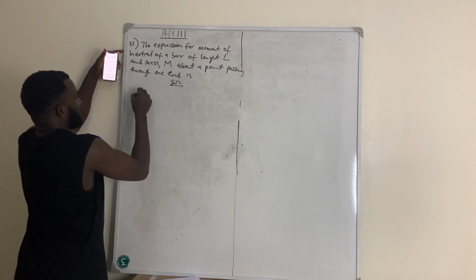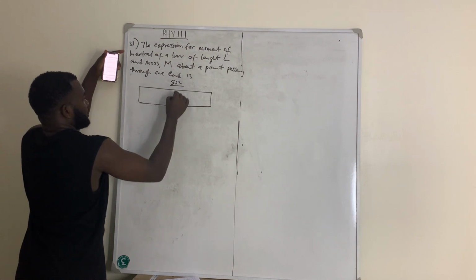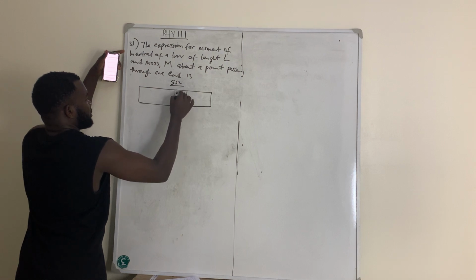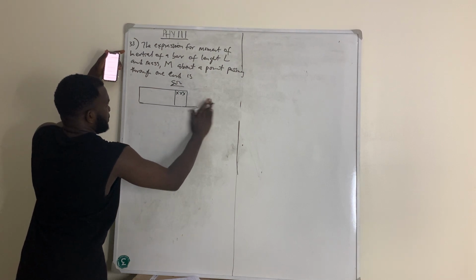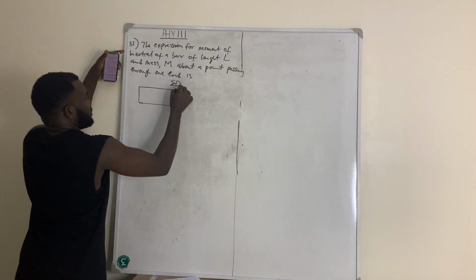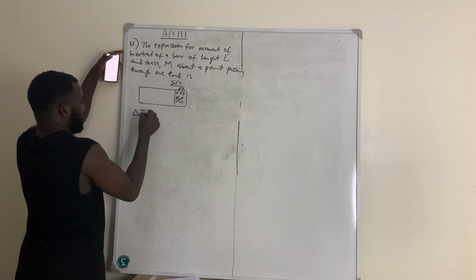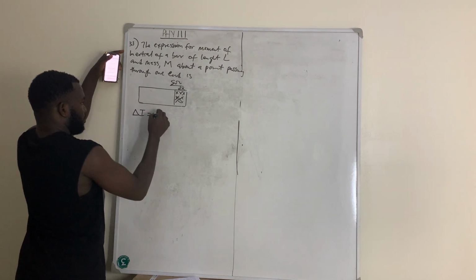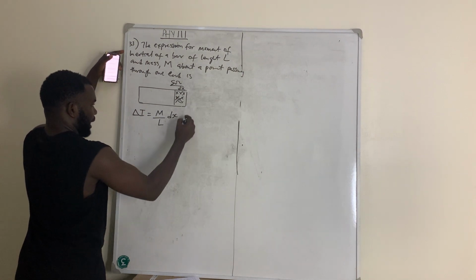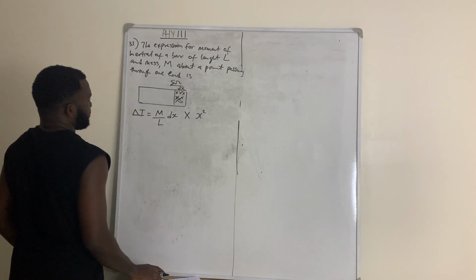Solution. Let's say that this is a bar, and I have my axis at this point, at one end. This is my dx. So the change in moment of inertia is equal to m over L dx, then times x squared. You have to know this formula, it is very, very important.